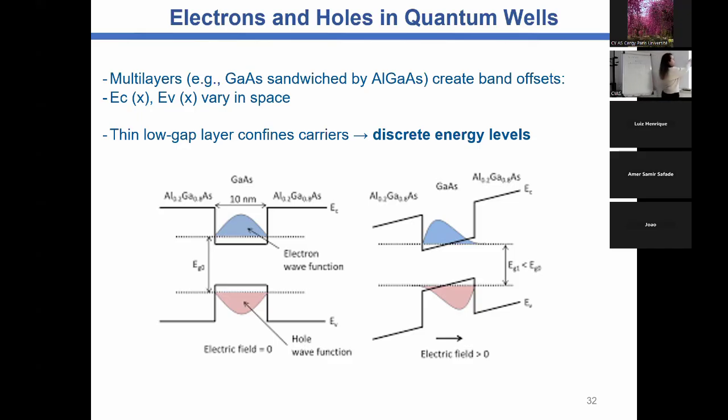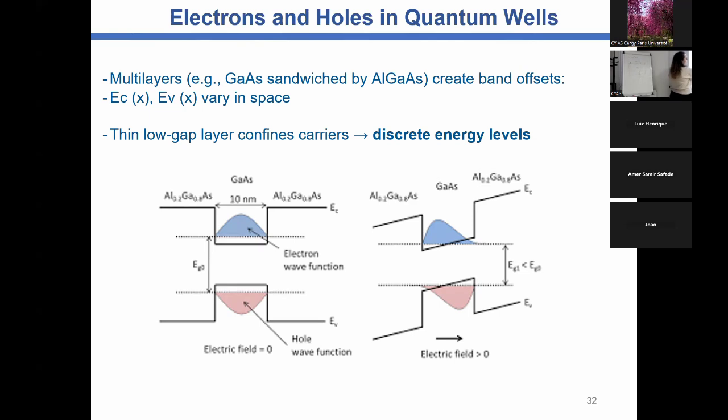We can grow the material with one property, and then we change it with another kind of material, with the same gallium arsenide but without doping actually in this case. We can grow the material with a specific distance.